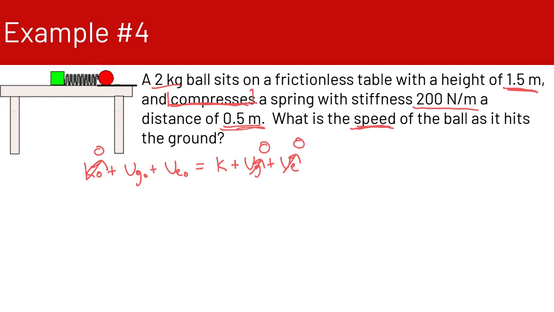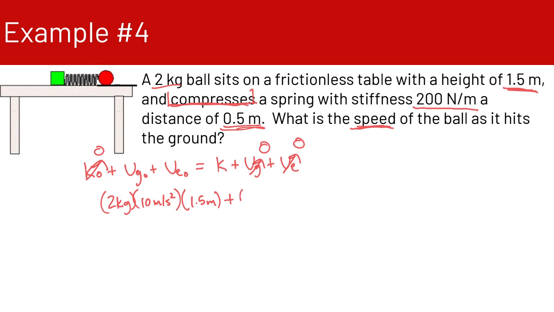Okay, so our gravitational potential energy is mgy. So our m is 2 kilograms. Our g is 10 meters per second squared. And our height, y, is 1.5 meters. We add to that our spring potential energy.